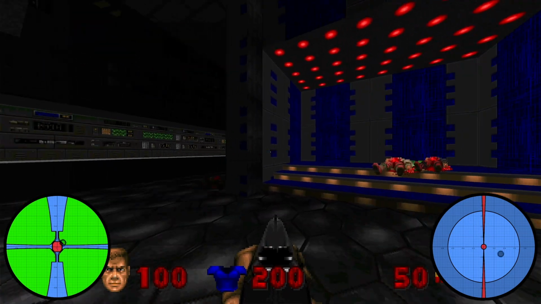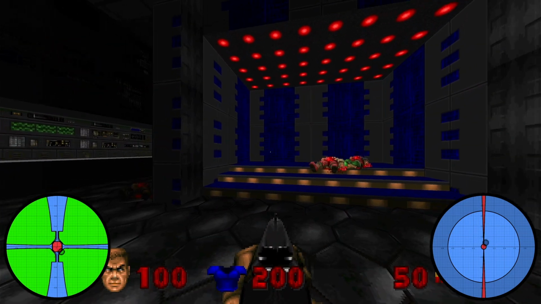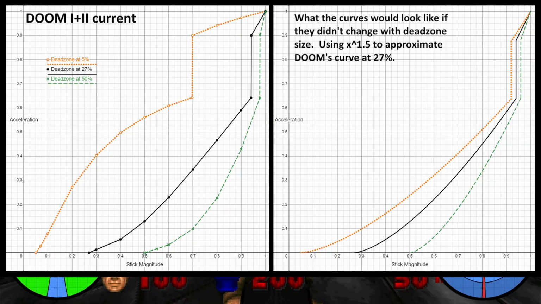For the curve, it should not scale with the dead zone at all. The curve that we had for the default 27% dead zone was fine. Really, many different curves work fine, but that curve that we had at the default dead zone would be fine if we had it for 50% dead zone and for a 5% dead zone.